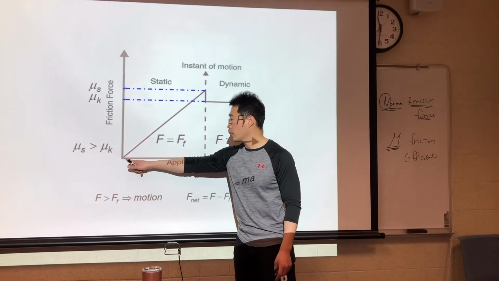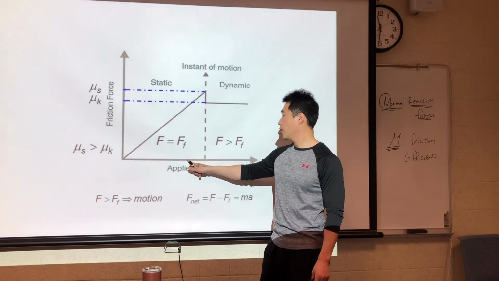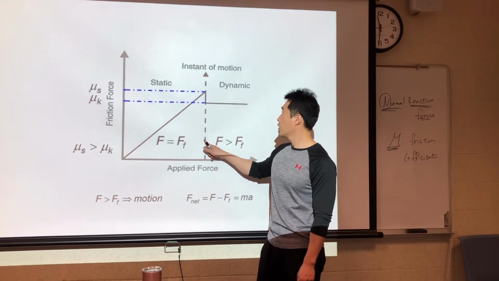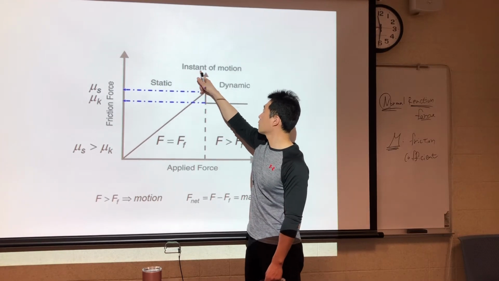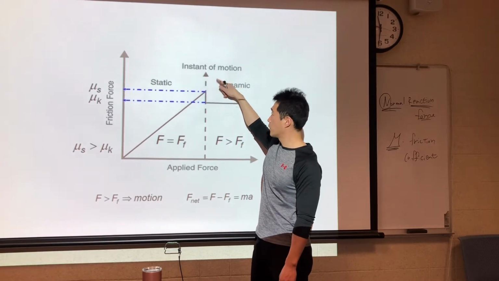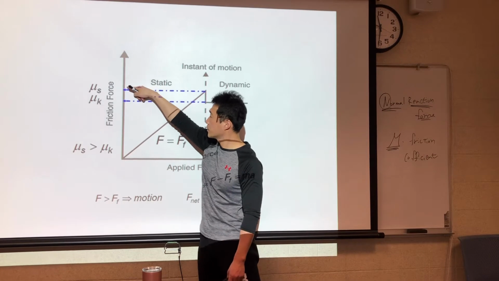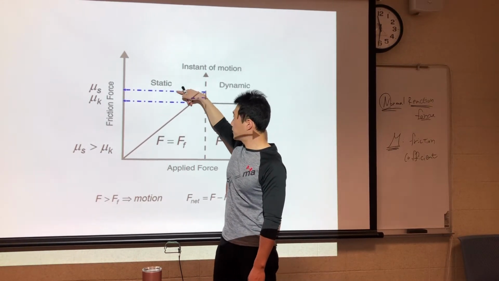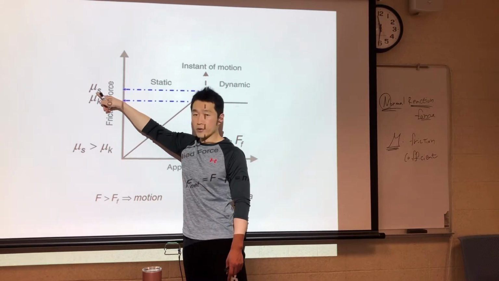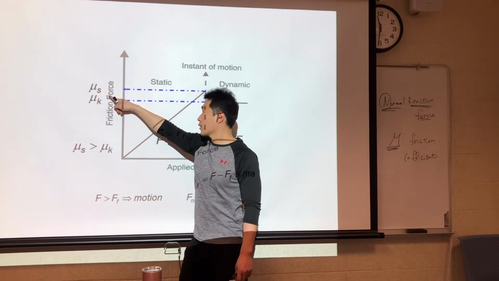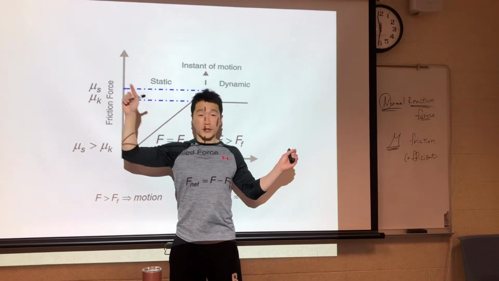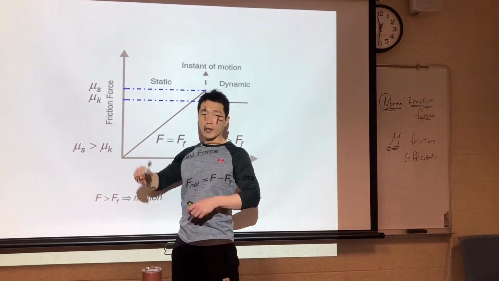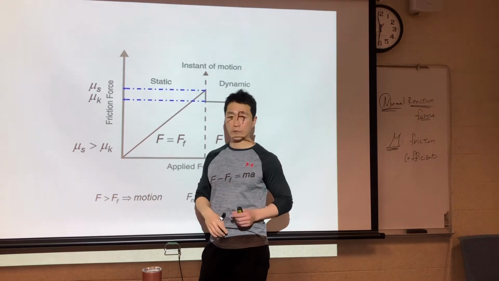Then keep increasing my force, and when my force is right here, that's the instant of motion. Then friction will be this much. This is mu s, where mu means the friction coefficient, the static friction coefficient, which can be used to calculate the maximum static friction.